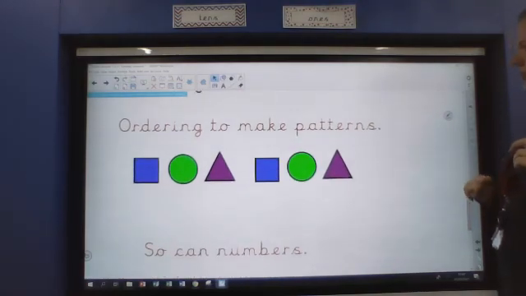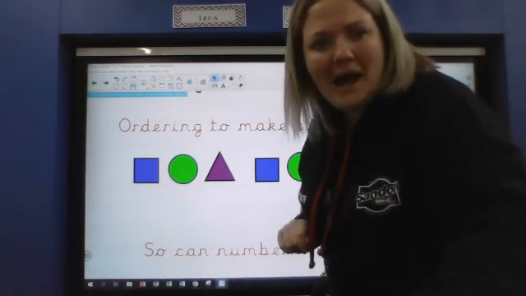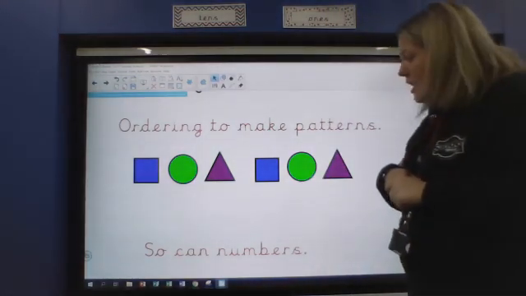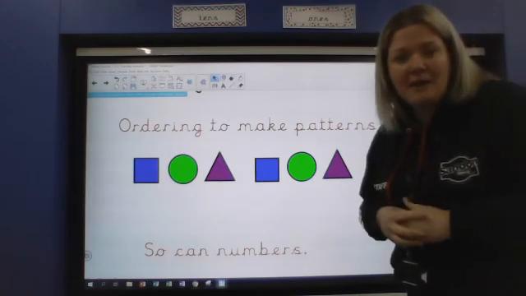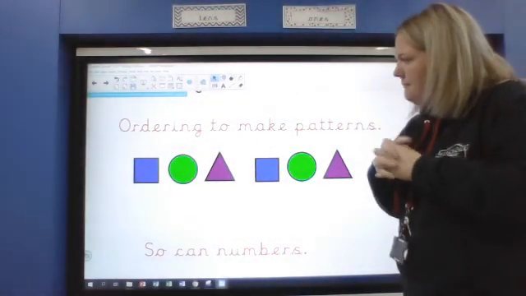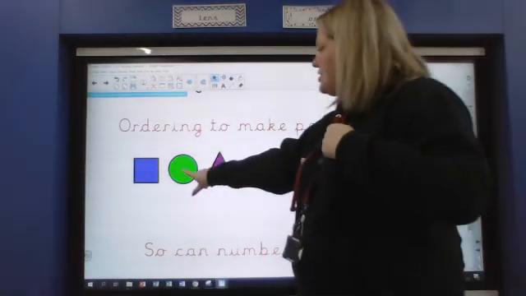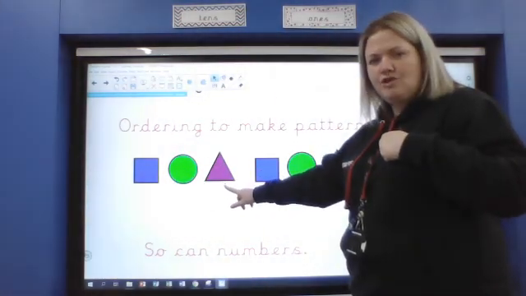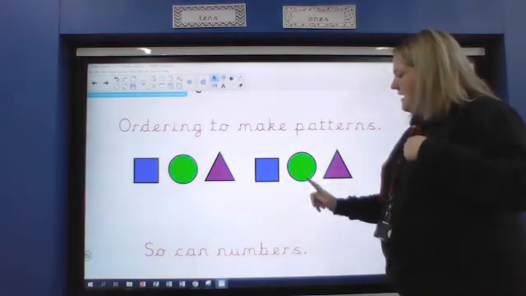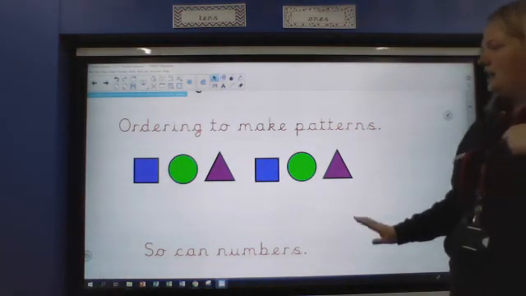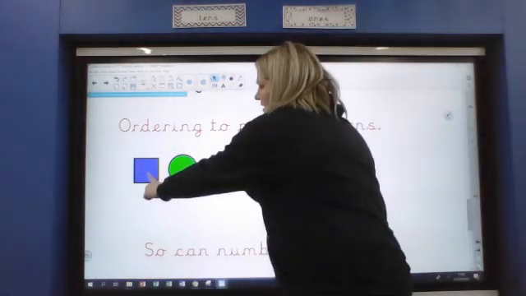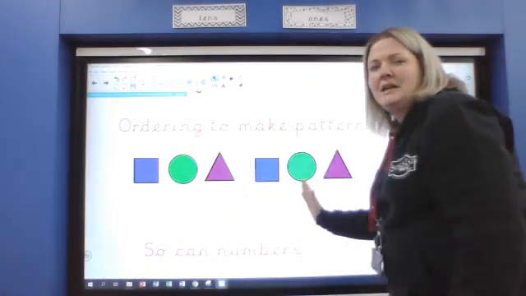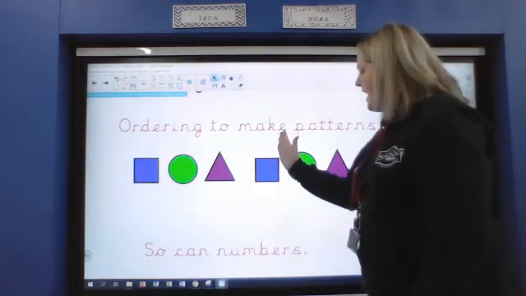So let's move on to pattern. Now I did say that pattern would be involving shapes, but we can also make a pattern using numbers, okay? So today I've got square, circle, triangle, square, circle, triangle, and that's a pattern because look, there's a sequence there, square, circle, triangle, and they have then repeated that same sequence again.